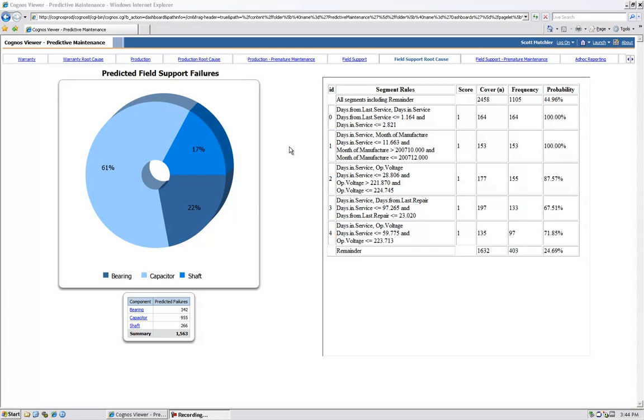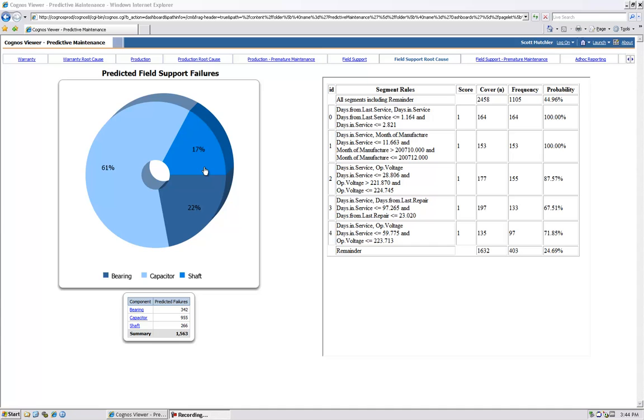Let's take a look at how we can use the Cognos BI interface to better understand and visualize the output of the SPSS predictive analytics. Let's start by looking at the predicted field failures for our motors. As you can see from this pie chart, most of the predicted failures will be capacitor failures, followed by bearing and shaft failures.